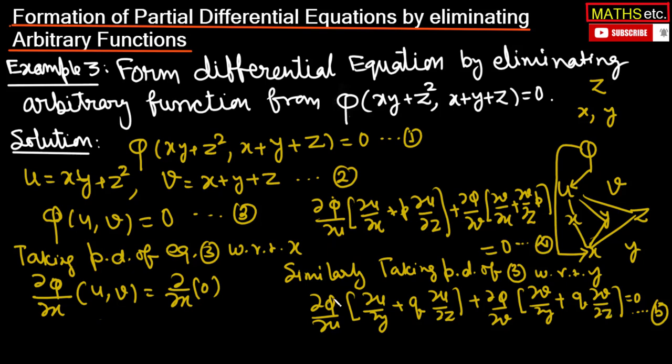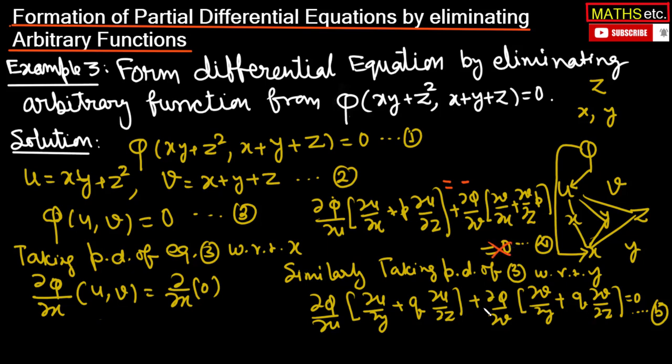So all these partial derivatives of phi will get cancelled out. So what we are doing here is bringing the second term on the right hand side, so this plus sign will be replaced by minus.